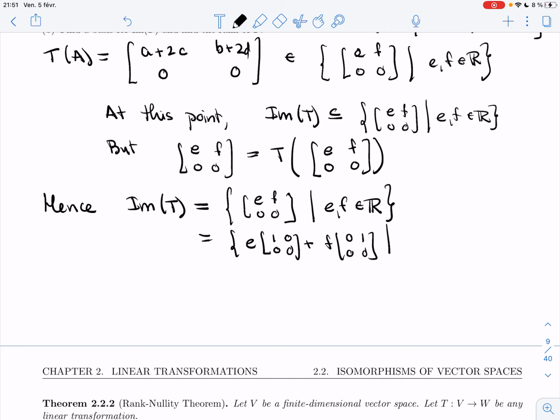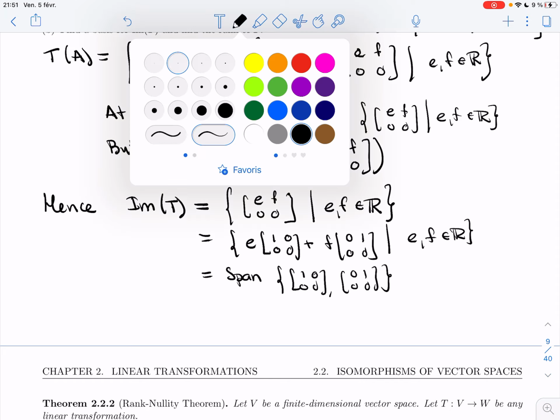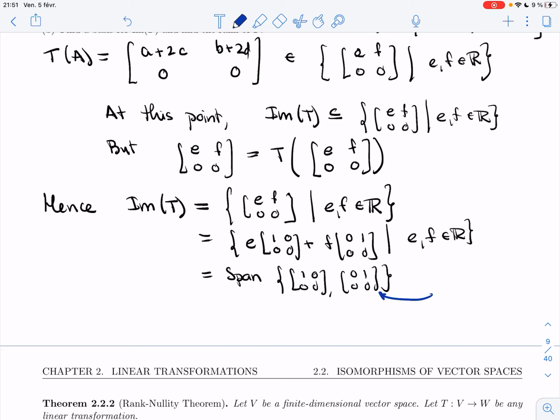And so again, we have our span. So this is the span of [1, 0; 0, 0] and [0, 1; 0, 0]. Notice again that these are clearly linearly independent because they have entries that are 1 next to 0. But you could also say that these are linearly independent because they're part of the standard basis.